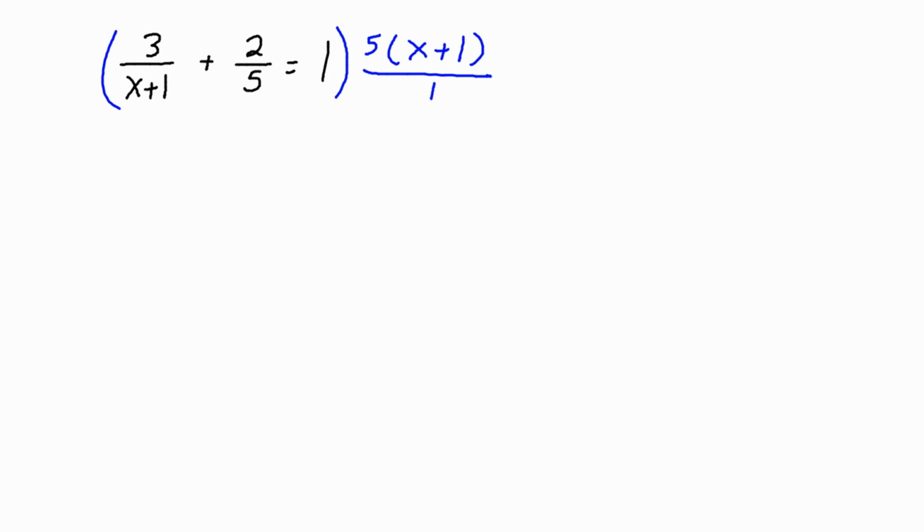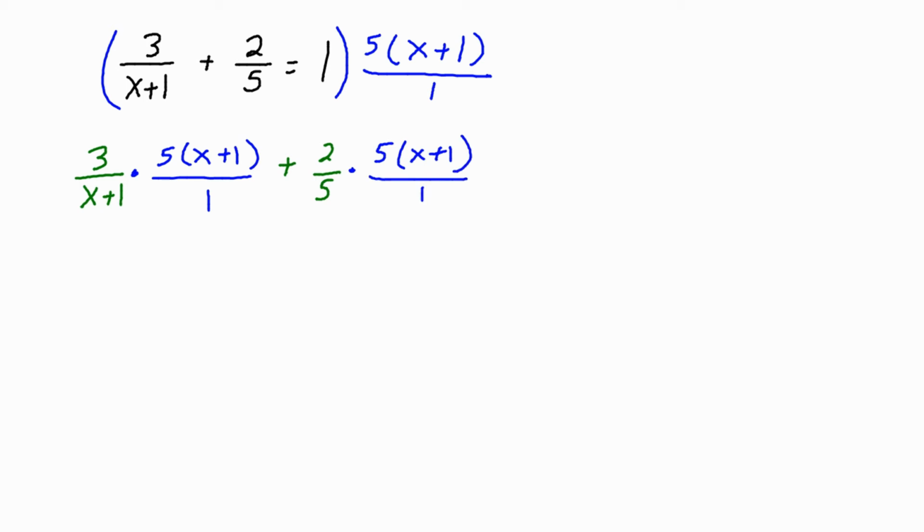My next step is to multiply my equation by my least common multiple of 5 times x plus 1. 3 over x plus 1 times 5 times x plus 1 all over 1 plus 2/5 times 5 times x plus 1 all over 1 equals 1 times 5 times x plus 1.